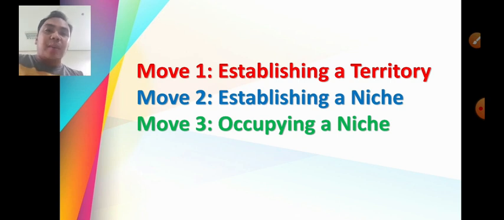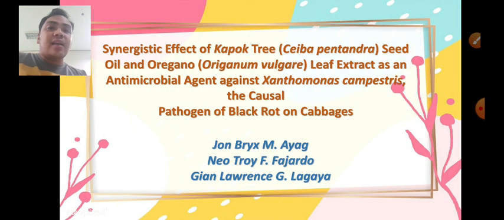So in order to come up with this, let's try to use a certain study, which is an example of a science investigatory project entitled Synergistic Effect of Kapok Tree, Ceiba pentandra Seed Oil, and Origanum vulgare Leaf Extract as antimicrobial agents against Xanthomonas campestris, the causal pathogen of black rot among cabbages, in which we have the following proponents: Ayag, Fajardo, and Lagaya of 2019.